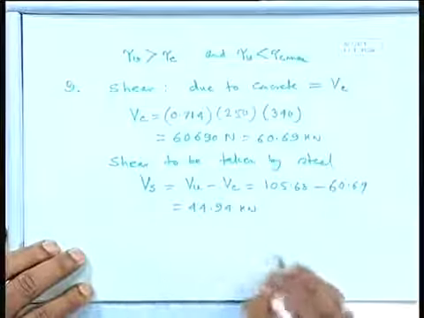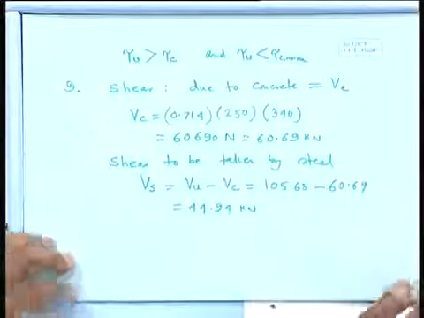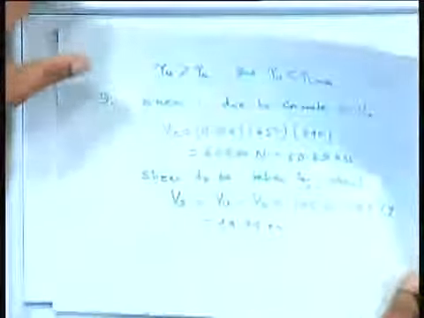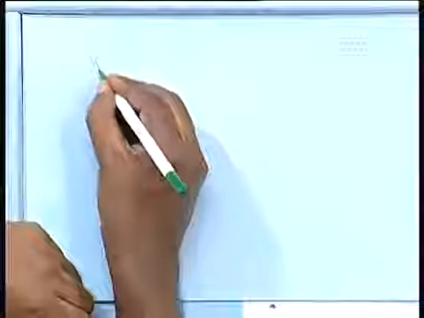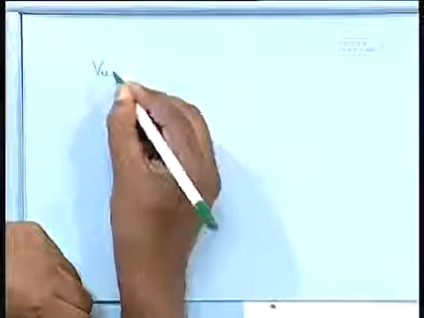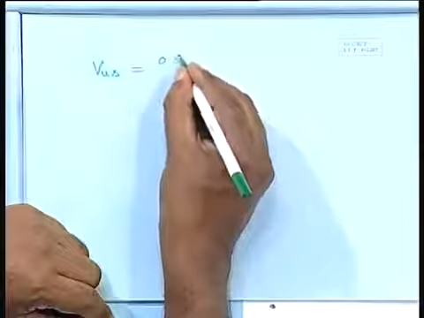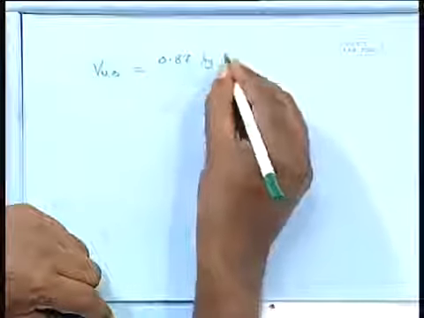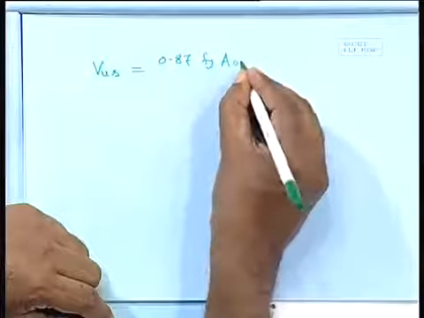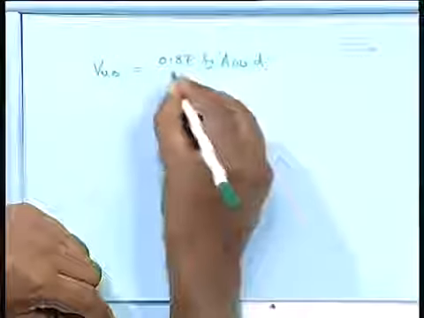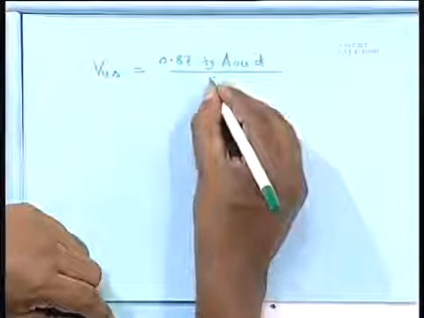What about VUS? Let us go to the next page then. VUS, as per the code, is 0.87 fy times Asv times d divided by Sv, the spacing.